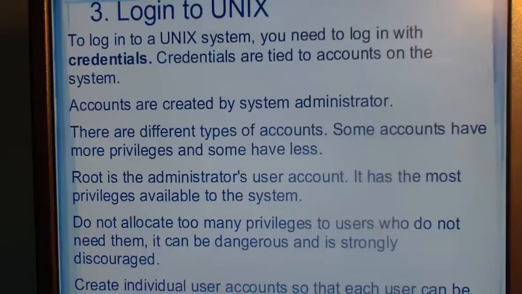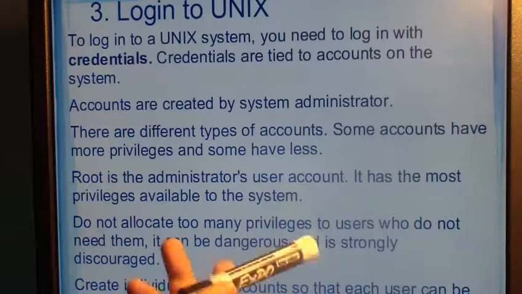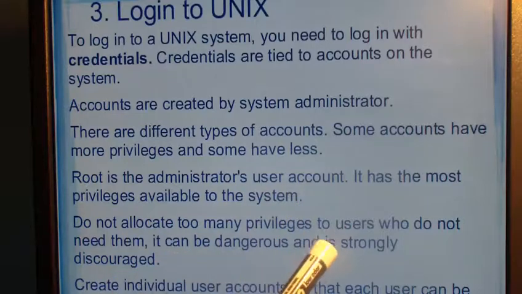Create individual user accounts so that each user can be tracked by security measures such as auditing and logging in. So you cannot share the user accounts. For example, a username can be a first name and last name, or any code.